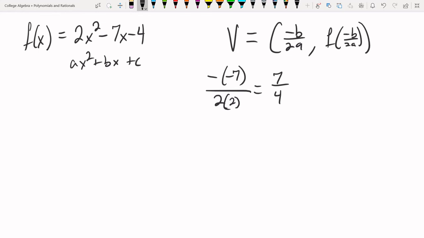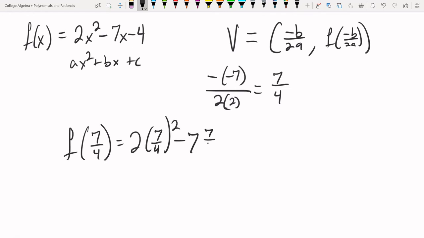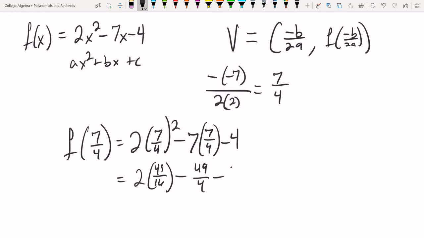To find the y coordinate, all we have to do is plug in 7/4 into our function. 7/4 squared minus 7 times 7/4 minus 4. You get 49 over 16 squared minus 49 over 4 minus, we can do 16 over 4, but then we have 98 over, well, divided by 2 gives us 49 over 8 minus 49 over 4 minus 16 over 4.